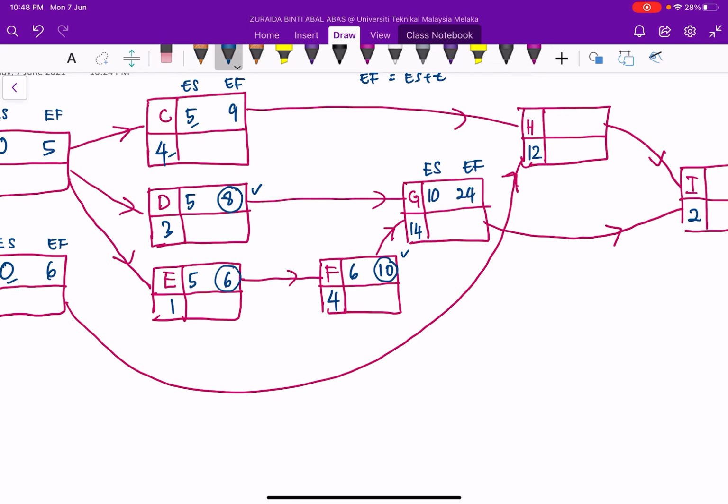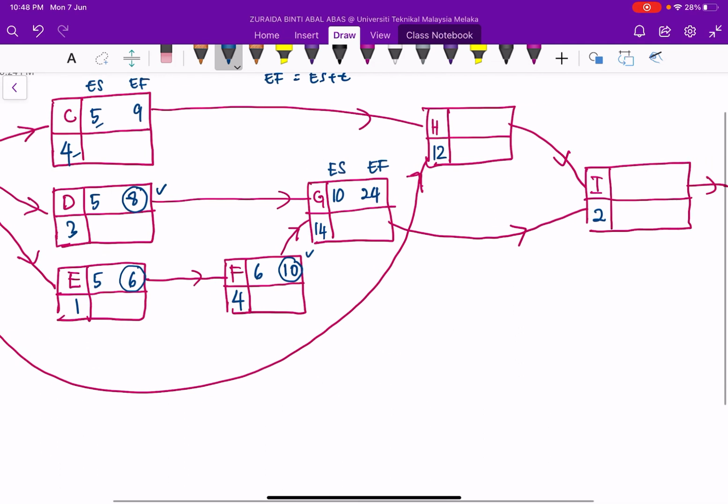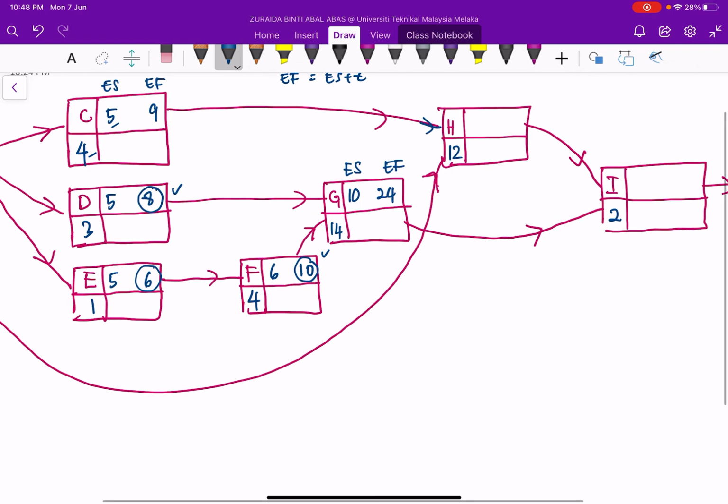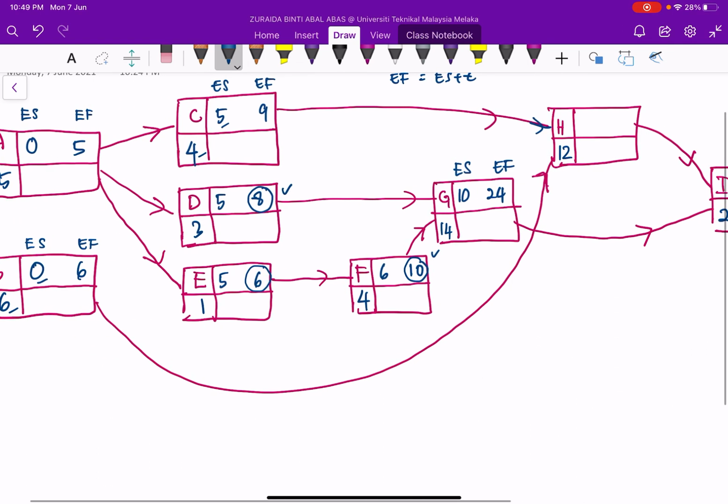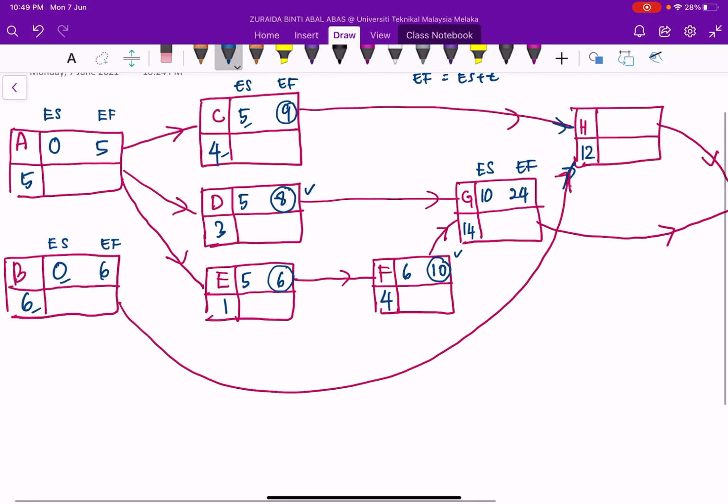Now, let's move on to activity H. In order to start activity H, it's coming from C and also from B. You must note here that C finishes at 9 and B finishes at 6.